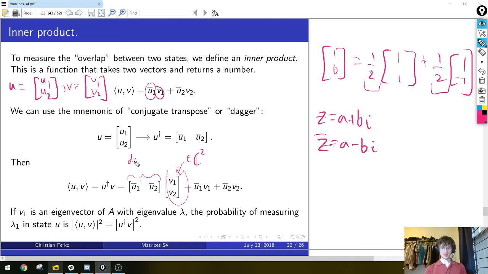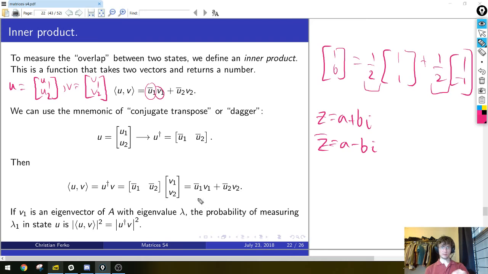This is something called the dual space of the usual vector space, which, again, given more time, I would define properly and tell you what a dual space is. But for now, you can just think of this as, well, I don't know what a dual space is, but I remember the mnemonic, so I know how to multiply these things, and it gives me a number.